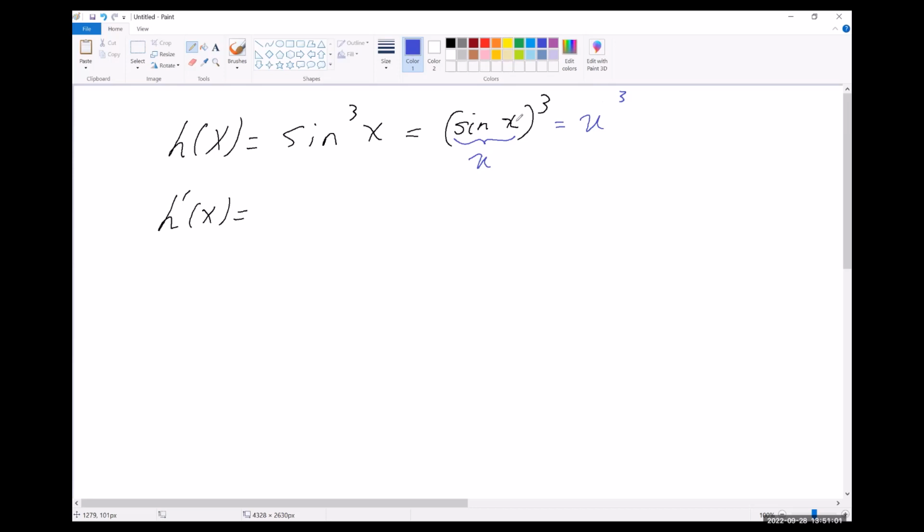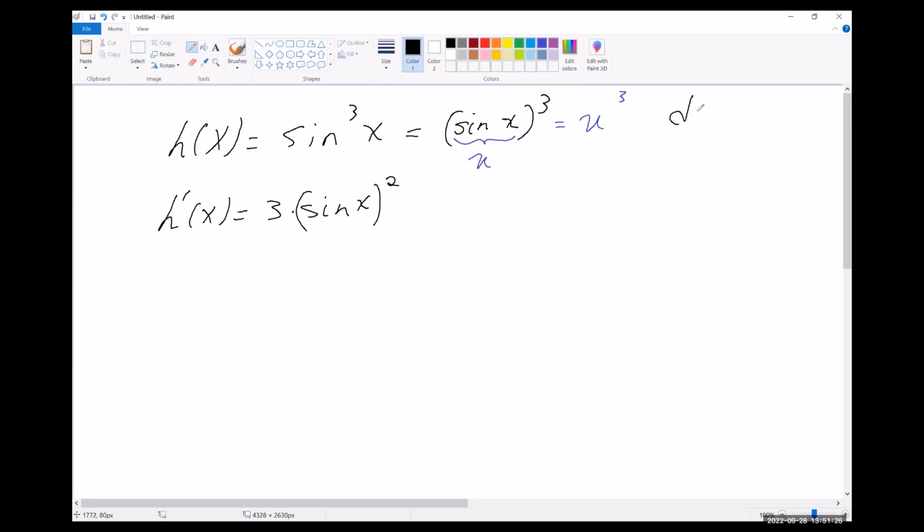So what that amounts to is we end up with 3 times the sine of x. Take away 1 from the 3, that's a 2.